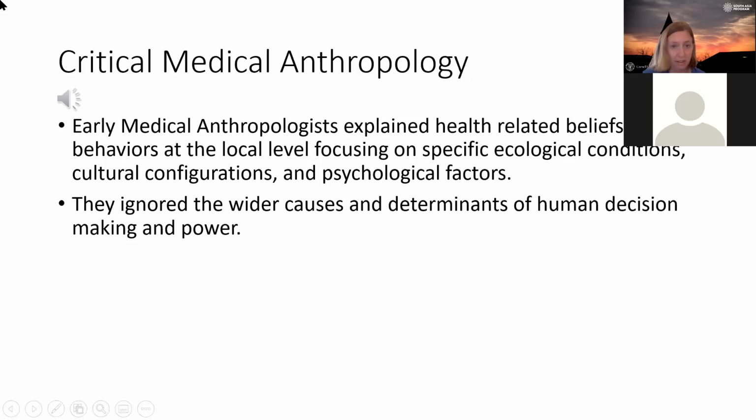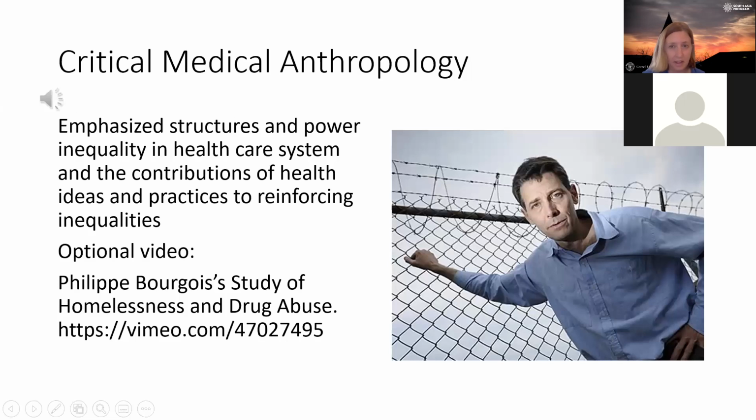So critical medical anthropology is an intervention in this, and it emphasizes structure and power inequality in healthcare systems and the contributions of health ideas and practices to reinforce inequality. So in short, it's looking at how larger inequalities and power relations impact health, right?